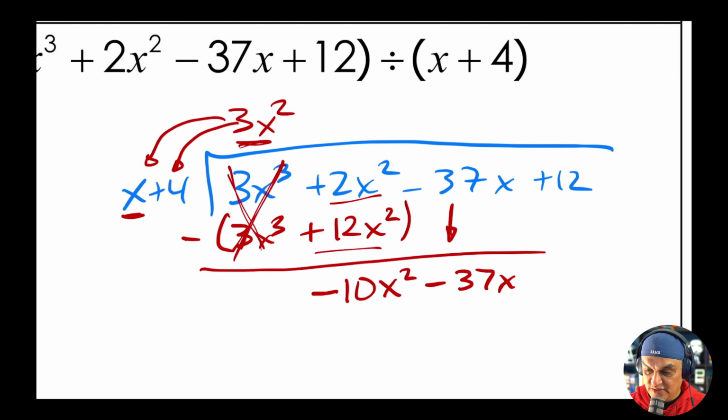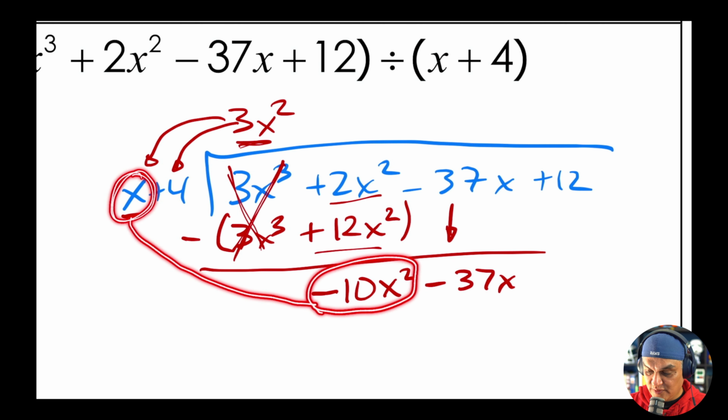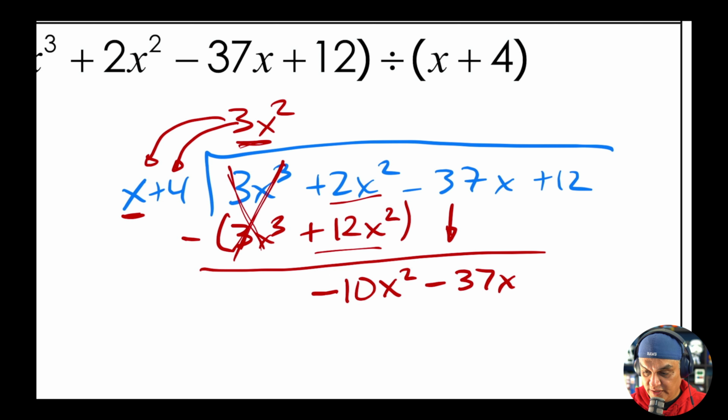And so what I'm going to do next is ask myself, looking at x, what do I need to make negative 10x squared? Well, I need a negative 10, and since this is x squared, I need another x. So minus 10x.